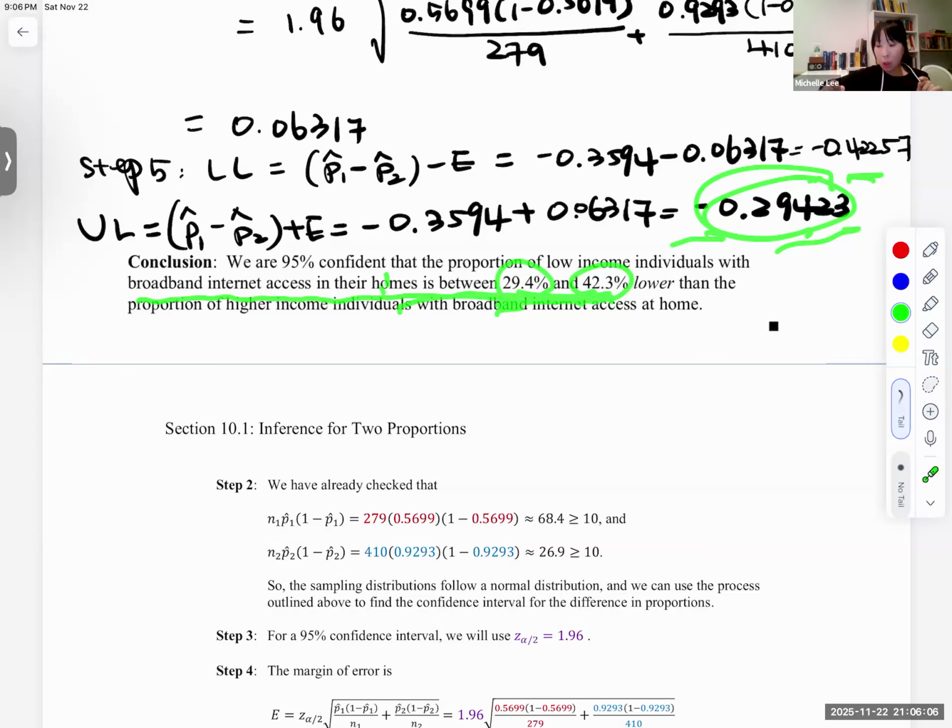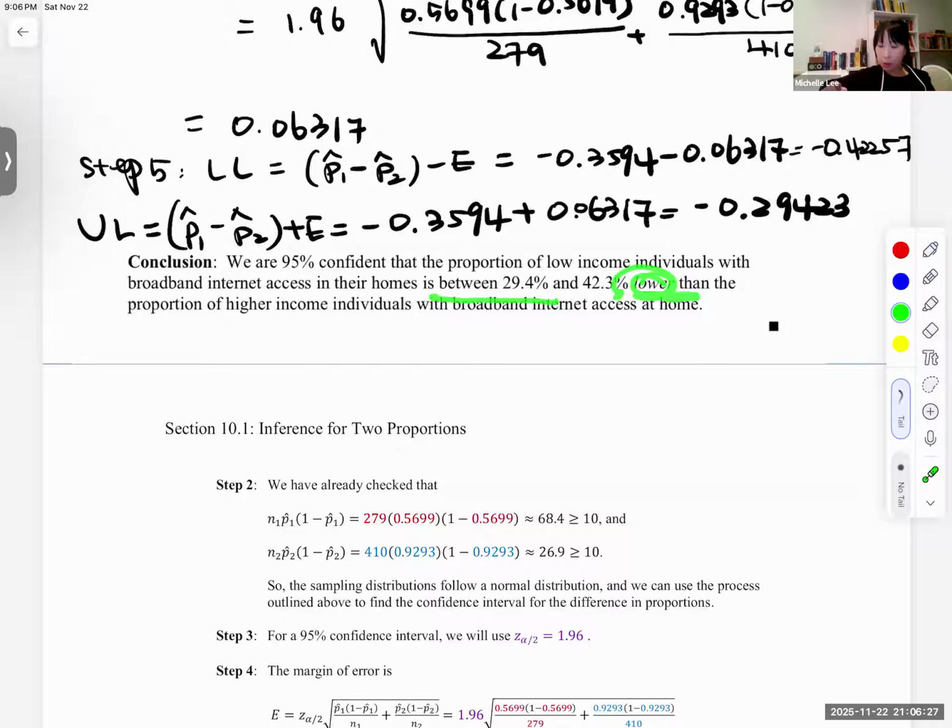But then we have lower than. So from the low income individuals with broadband internet access in their home, the point of view is lower because we got the negative earlier, right? Remember, in the beginning, we used lower than the proportion of higher income. So if we say the higher income first, then it will be higher.